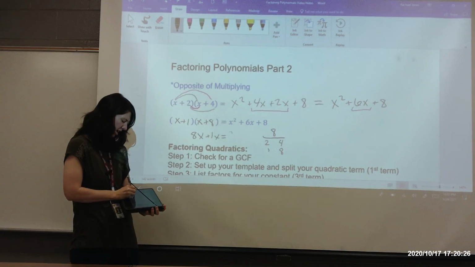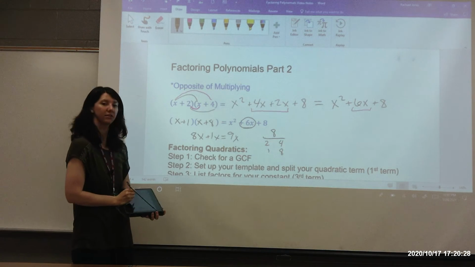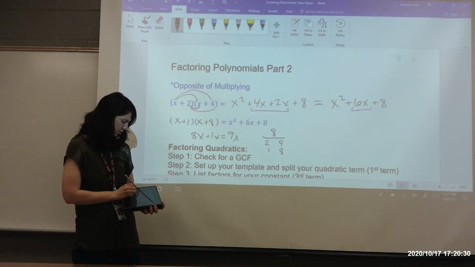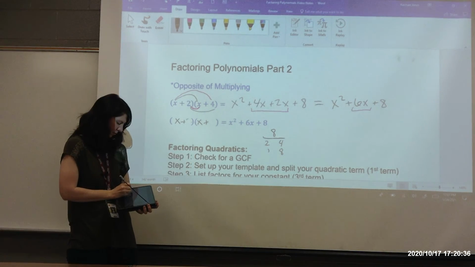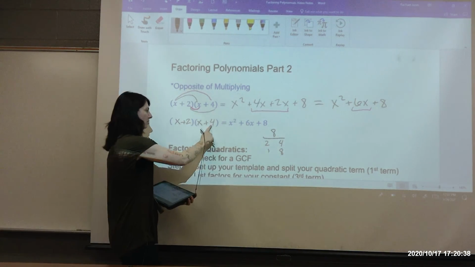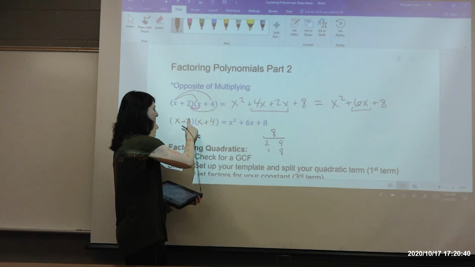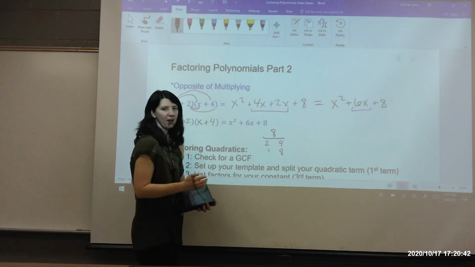And that would give me 9x, which is not 6x. Okay? So that's why your middle term is important. It helps you pick which factors are correct. If I tried the 2 and the 4, we can see that multiplies to give me 8 still. But then I'd get a 4x and a 2x like before, and then I have my 6x.